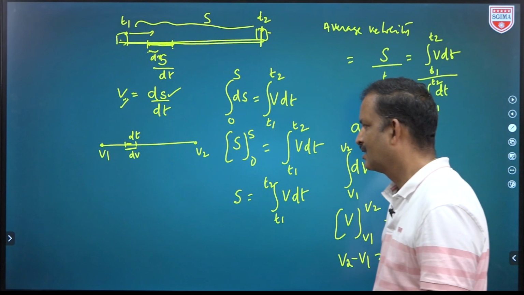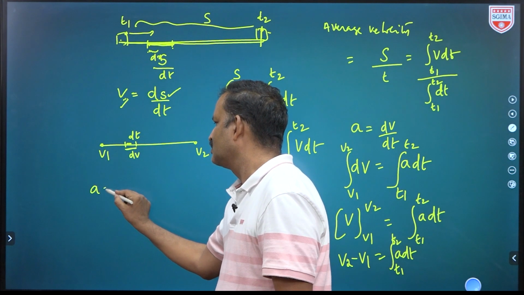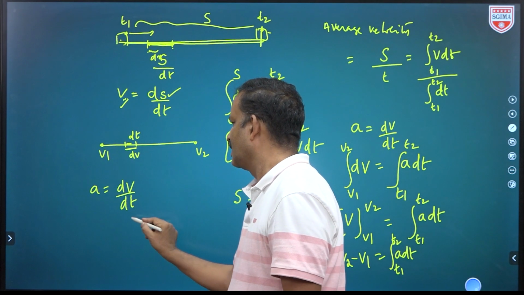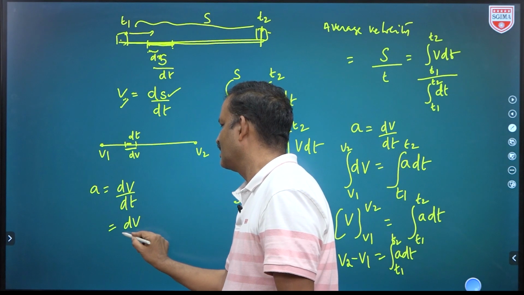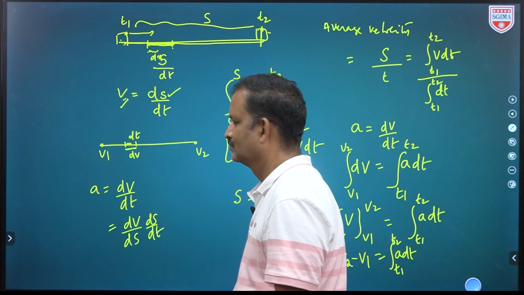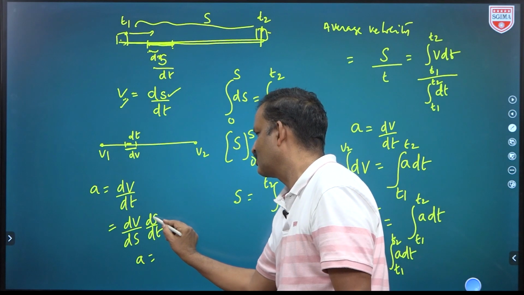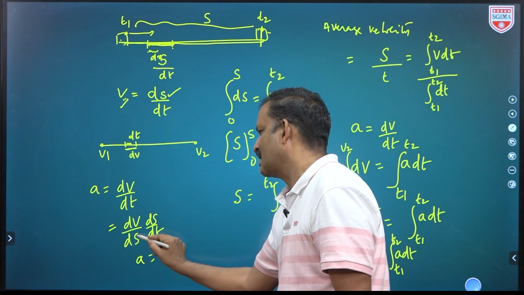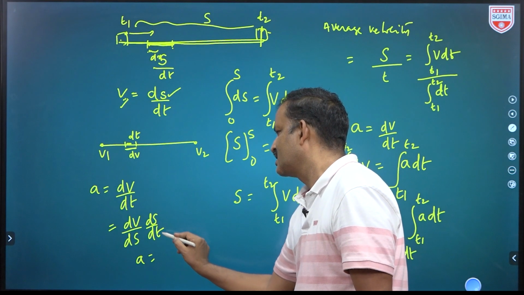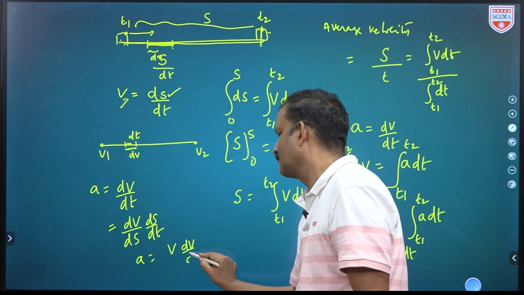One more thing we can write: acceleration is equal to dv by dt. We can write dv by ds into ds by dt. So ds is cancelled and you will get dv by dt. So acceleration is equal to ds by dt, which is velocity, into dv by ds.